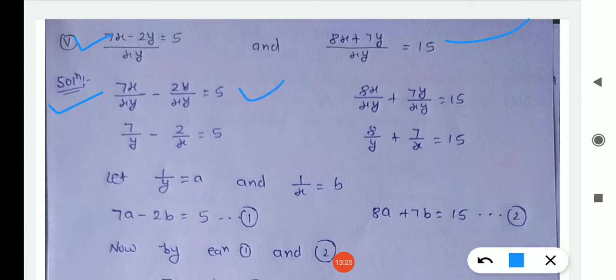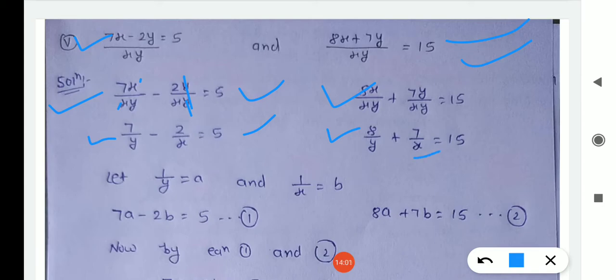Now x cancels x, so simply 7 upon y, and y cancels y, simply 2 upon x equal 5. Similarly in 8x plus 7y upon xy equal 15, I also separate it: 8x upon xy plus 7y upon xy, here x cancels x, simply 8 upon y, plus y cancels y, it becomes 7 upon x equal 15.